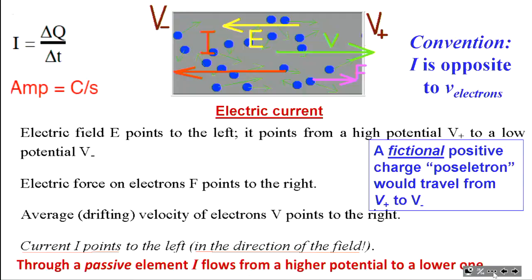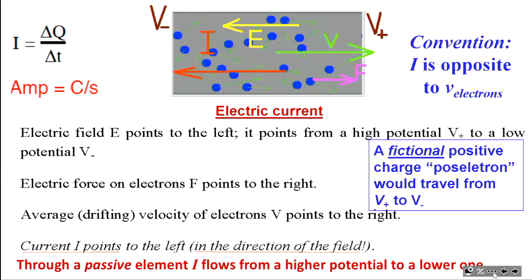If you can figure out the velocity of an electron, and the question is, what is the direction of electric current? Your answer should be opposite to actual velocity of actual electron. But again, it's easier just to remember from high potential to low potential, in the direction of electric field.